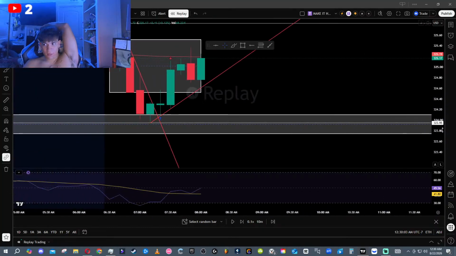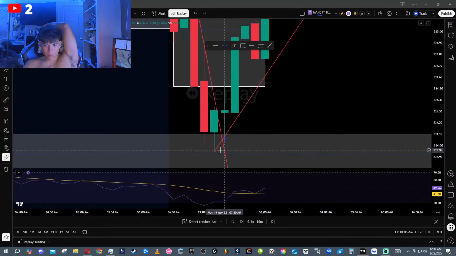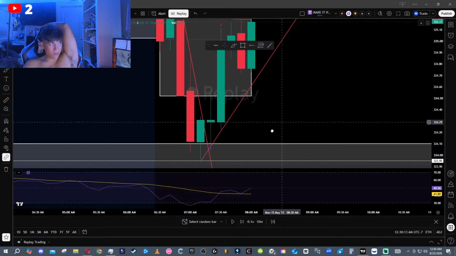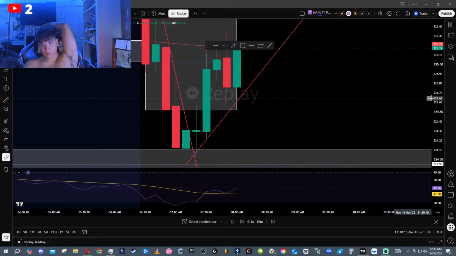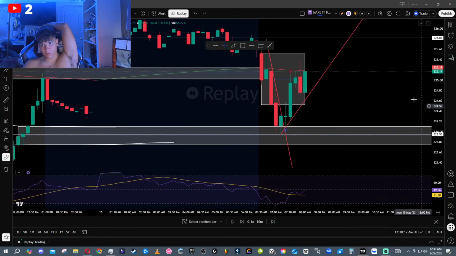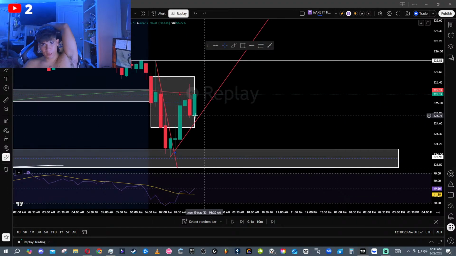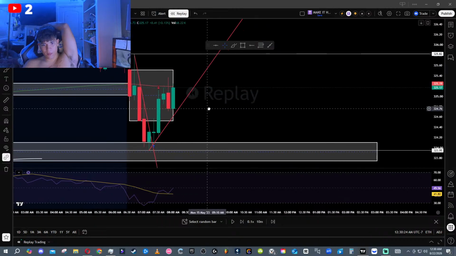Even if the second one spills down a little bit, like let's say this wick goes right here, you don't want to go from here to here. You want to go here to here. First candle to the third candle on 10 minutes for a triangle breakout. Now it looks like price is gonna get consolidated into this corner, and that would be perfect.